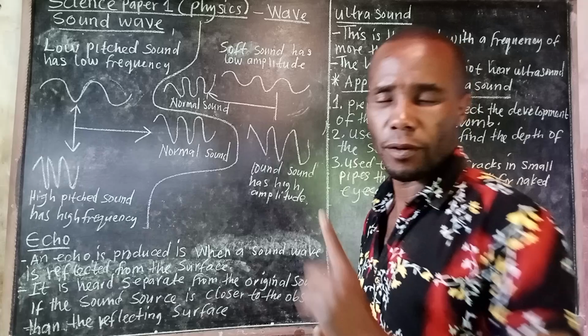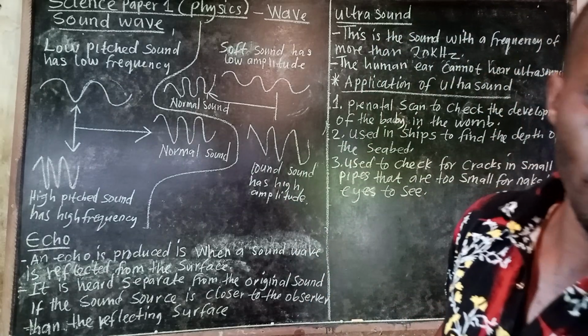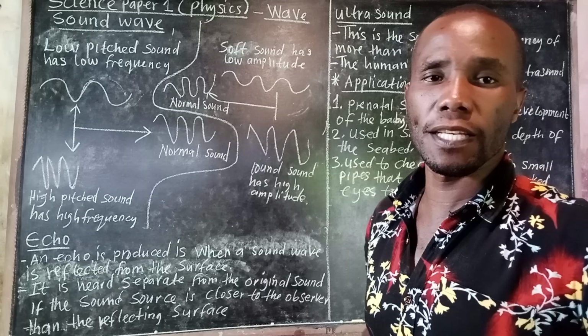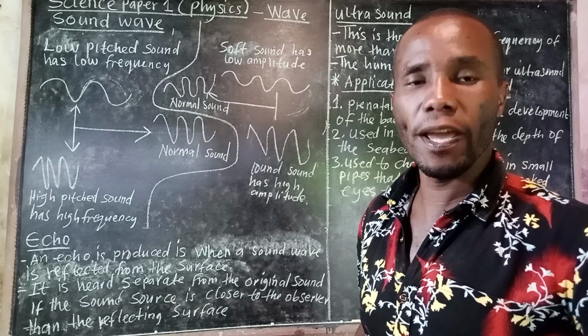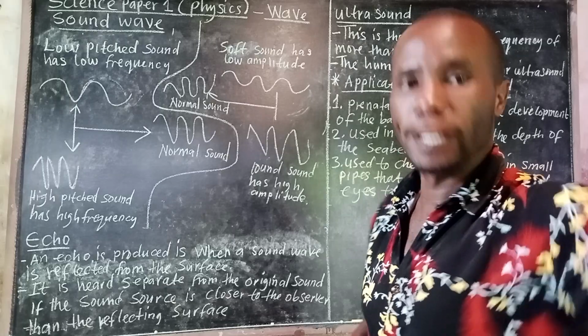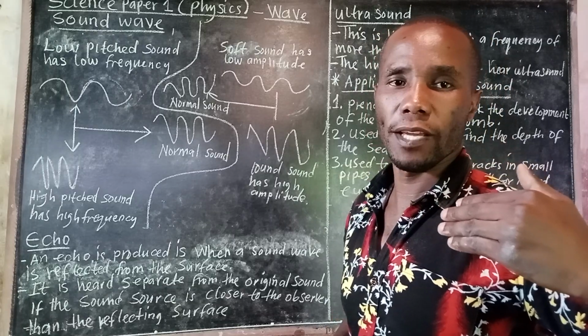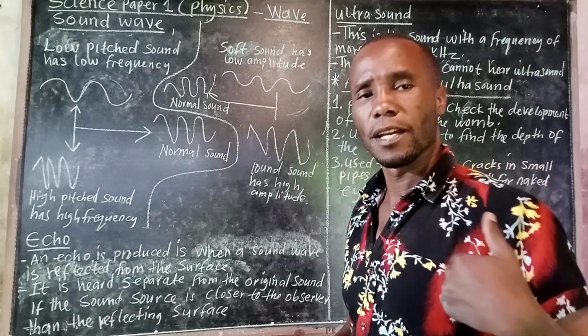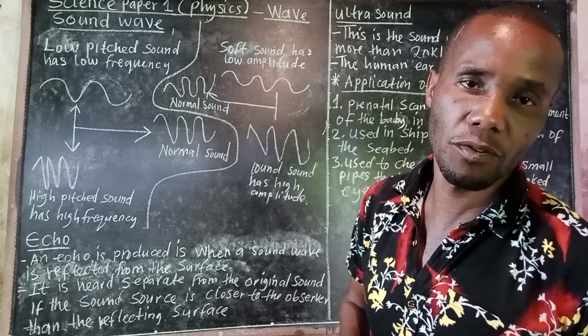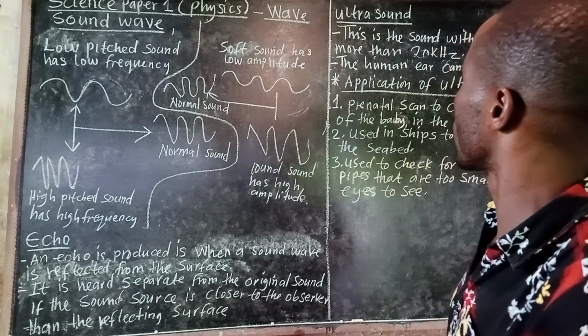Why? Because the sound will go, and when it goes, it will reach a certain surface where it is not going to continue its movement. It will bounce. After it has bounced, I'll be able to do what? To hear that same sound. So that is echo. That's what they're trying to say.